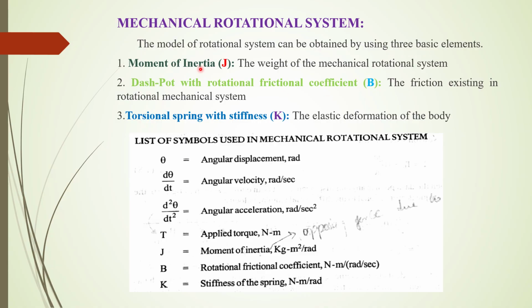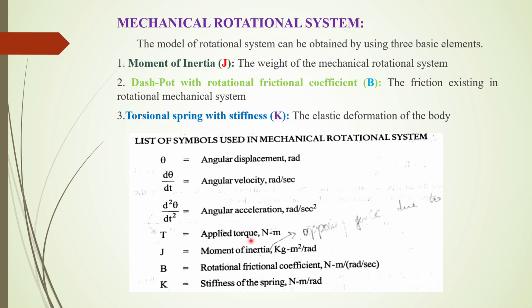One is moment of inertia, called J. Second is a dashpot with rotational frictional coefficient B. Third is a torsional spring with stiffness K. So the list of symbols used in mechanical rotational systems: theta is the angular displacement in radians. d theta over dt we can call angular velocity. d square theta over dt square is angular acceleration.